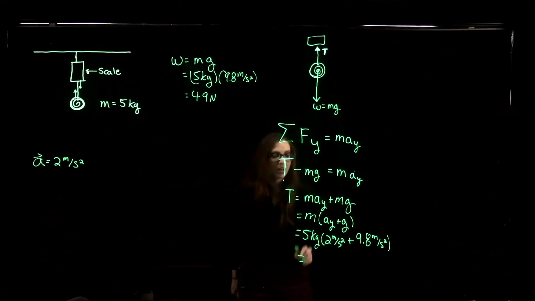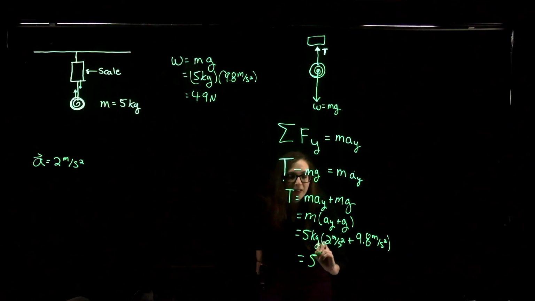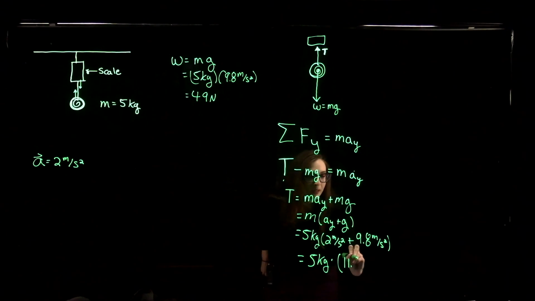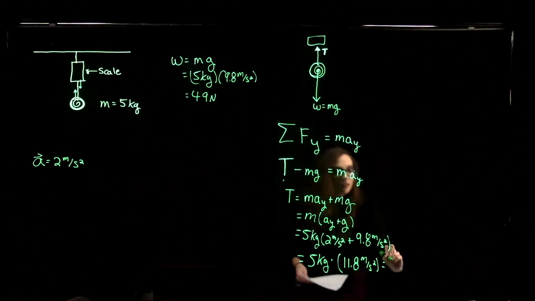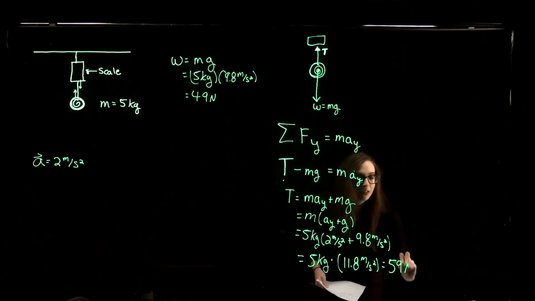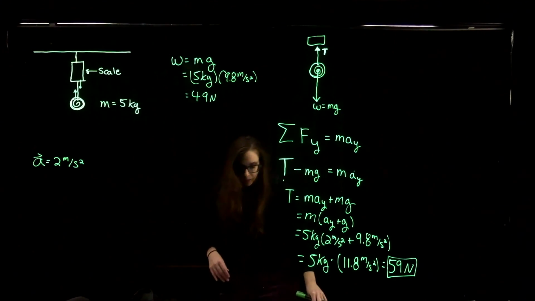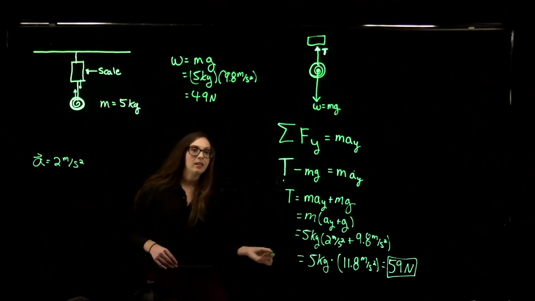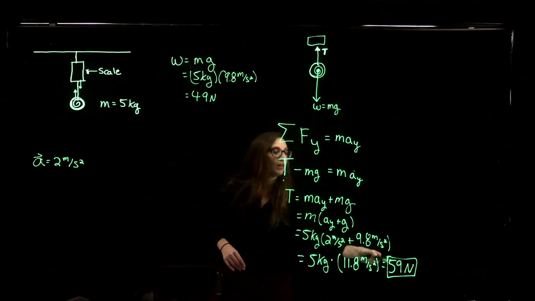And then we've got our 5 kilograms times 11.8 meters per second squared, and that equals 59 newtons.